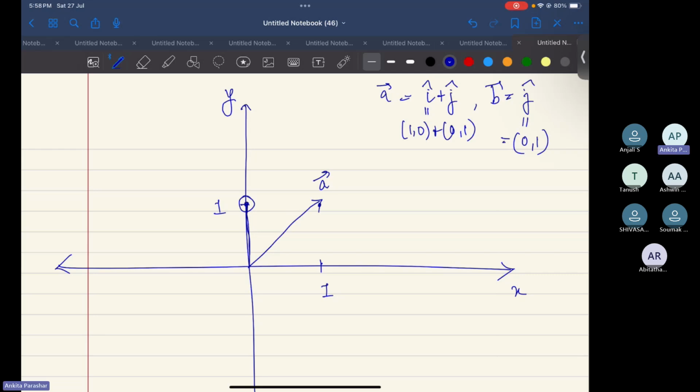It's correct, right? 0 comma 1. Okay, what is the angle between this and this? It is 45. Yeah, either you can write it, or find it. How would you find this?